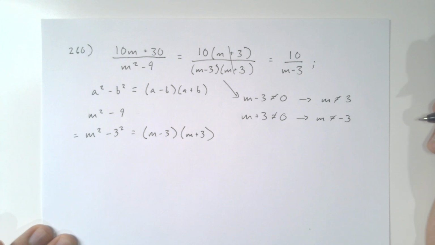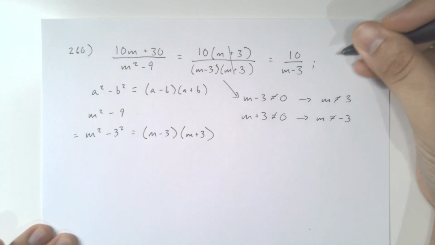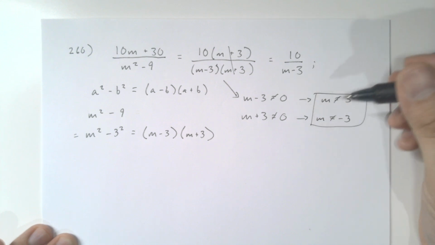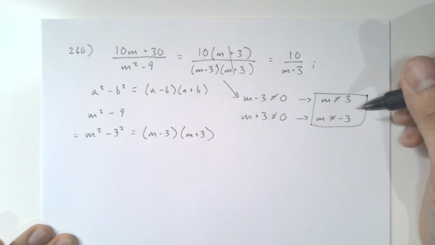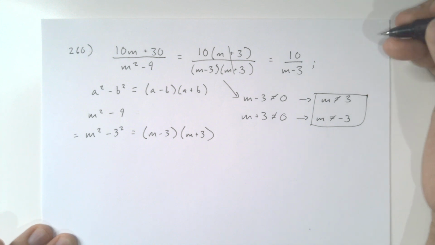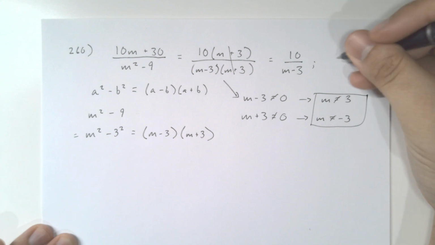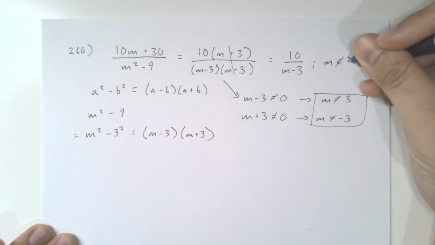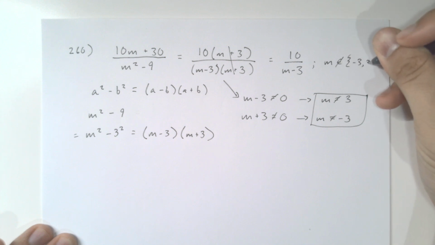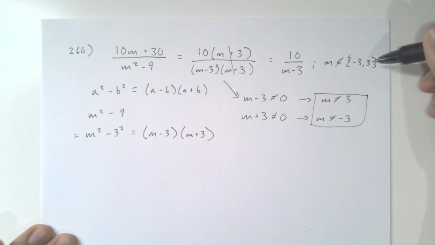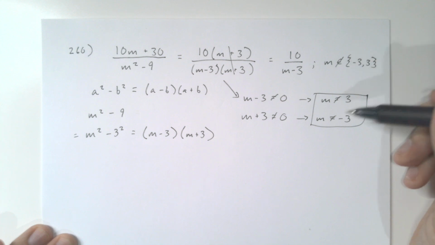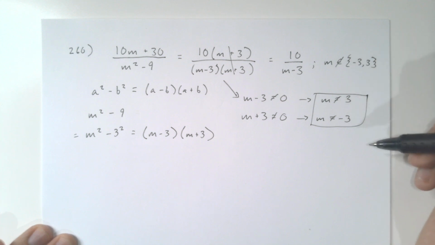And there's actually two different ways we can write this. We can say that m can't be equal to 3, and m can't be equal to negative 3, or there's a more compact way that we can do that. We can say that m can't be an element of the set negative 3, comma 3. It doesn't matter which order you write those, but this is convenient for saying maybe a list of stuff. So maybe we had like 3, 4, or even 10 excluded values.